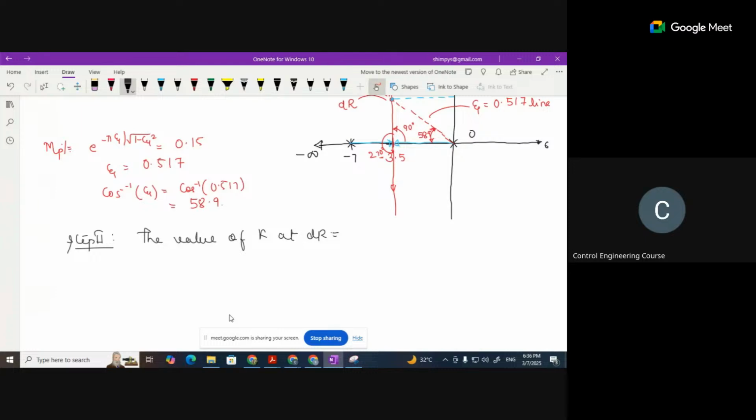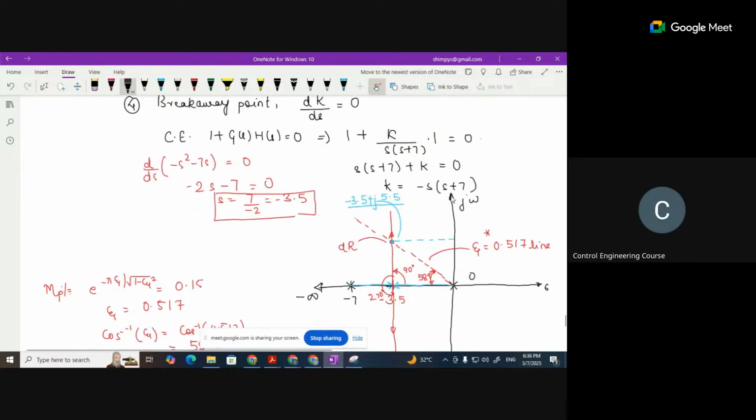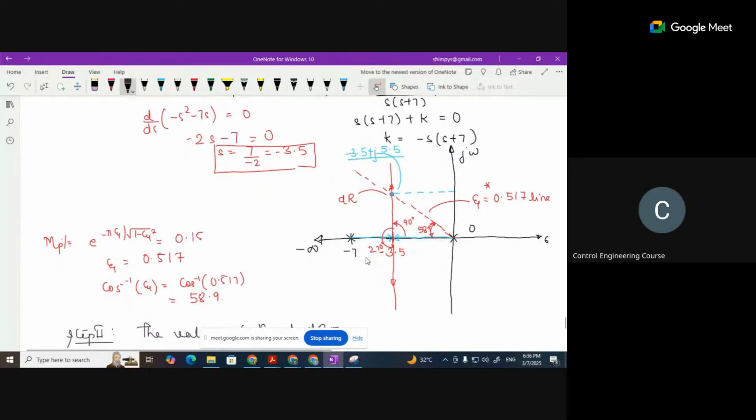How much is it coming out to be? Just put the value here. You calculate the magnitude only, okay?